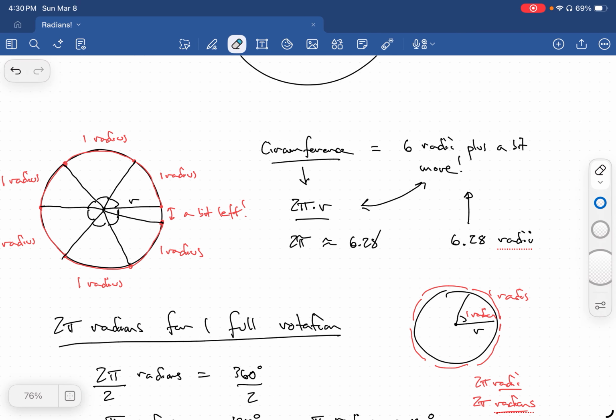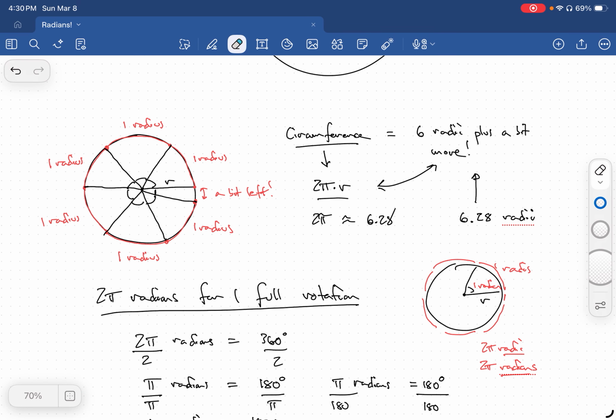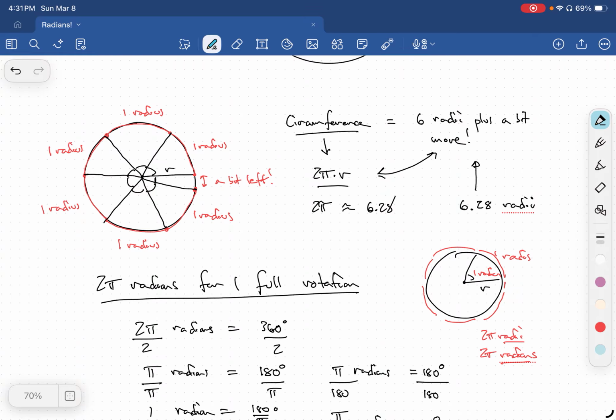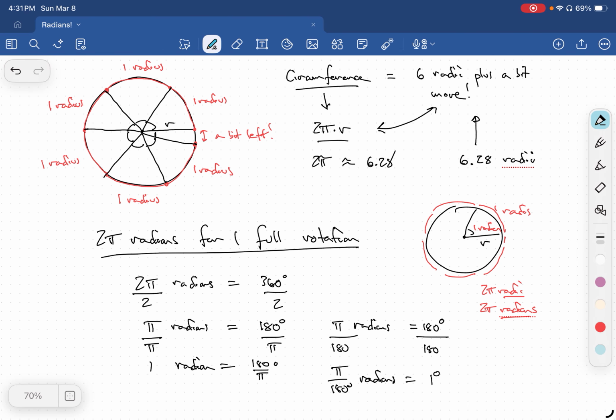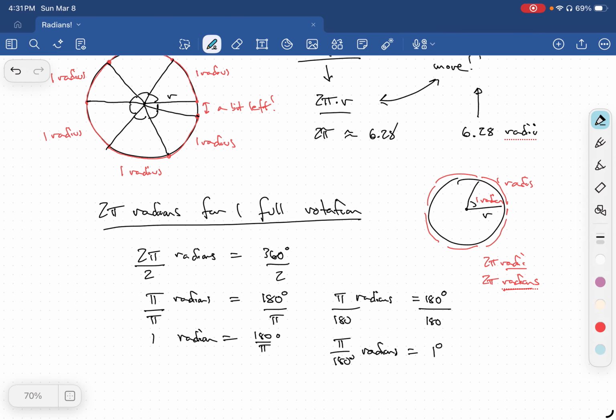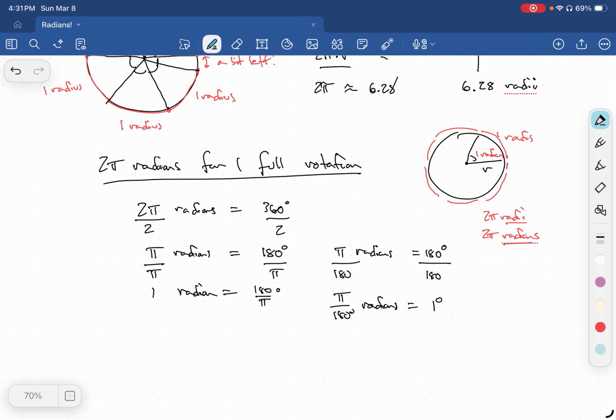And then for the whole circle, since the circumference is 2 pi radii, then we know that there are 2 pi radians to get around an entire circle. So if 2 pi radians is 360 degrees, that allows us to have pi radians being 180 degrees, and allows us to convert between the two, essentially. And we're going to see some examples of that.